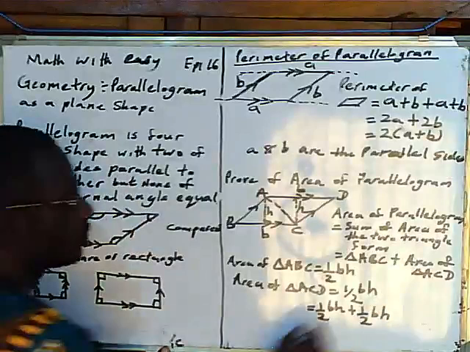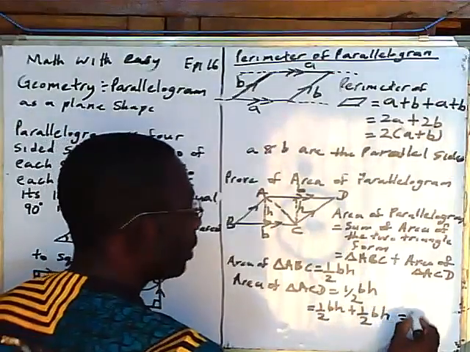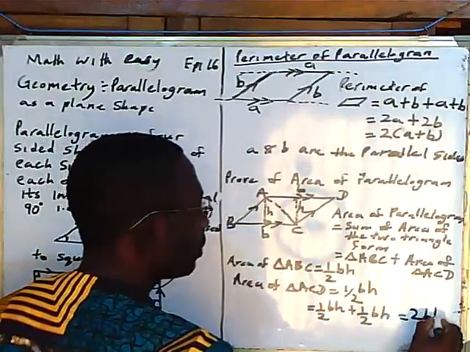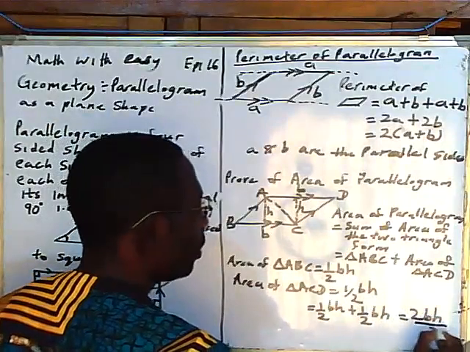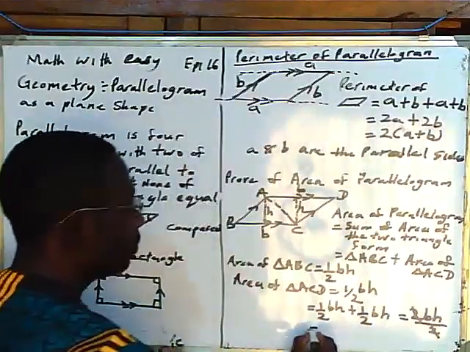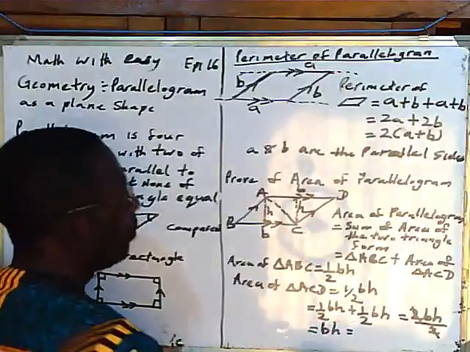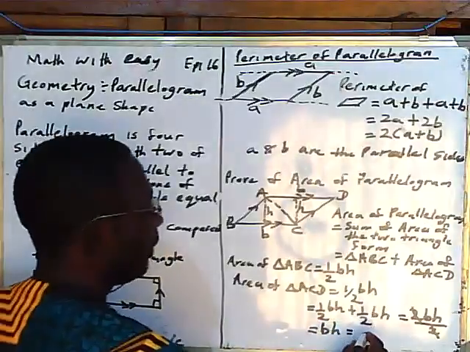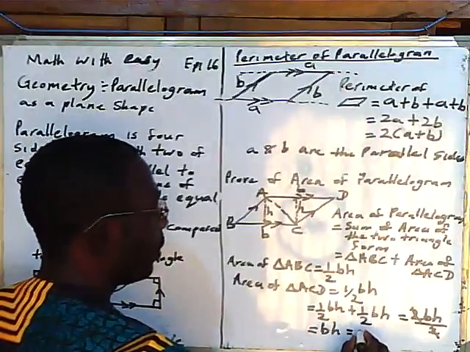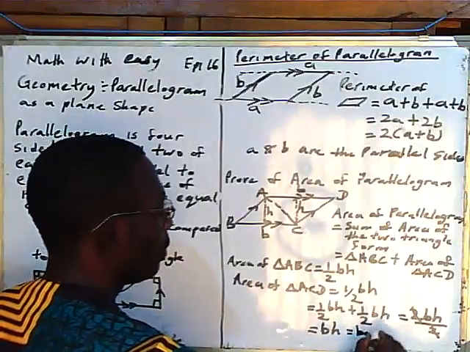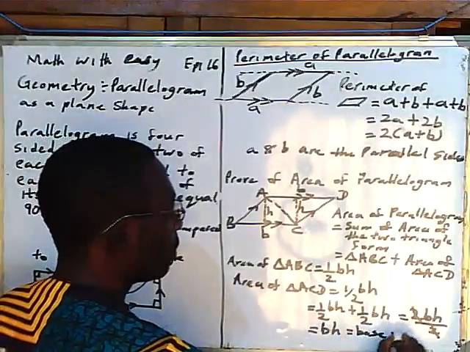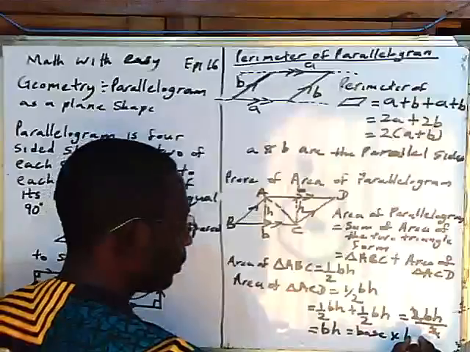Height. So if we add it together, it will be 2 base times height over 2. Cross this one out, it will be base times height. That is the area of a parallelogram: base times what? The height.